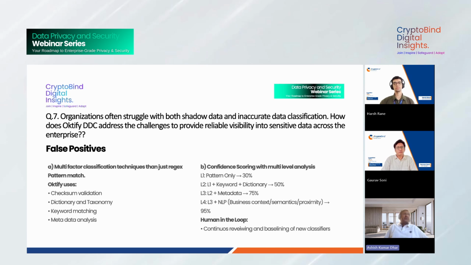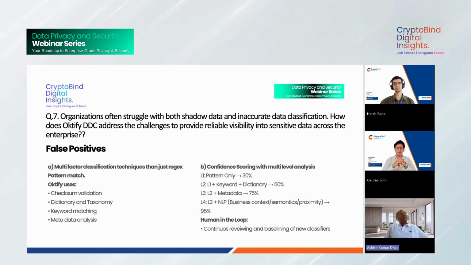Or is it PHI, which is health-related information? Or it can also be non-human identity information, NHI, such as secrets and keys. And in the agentic AI space, NHI is as critical as normal human identity.